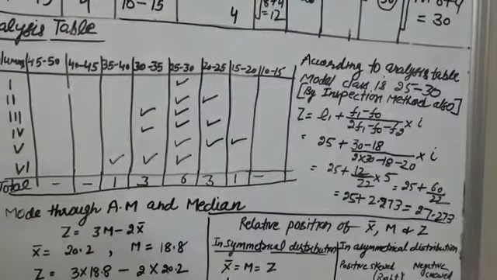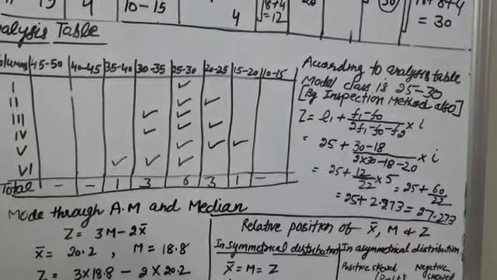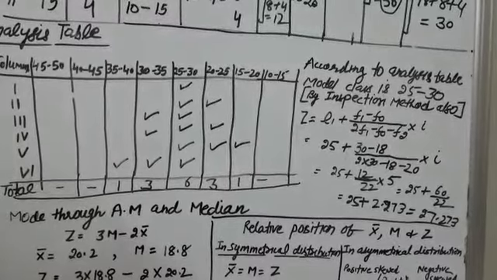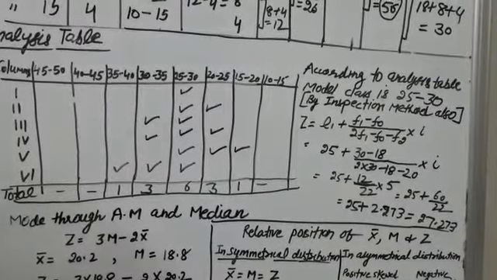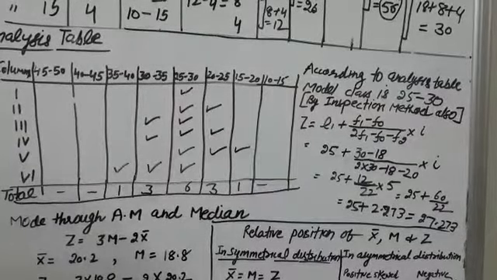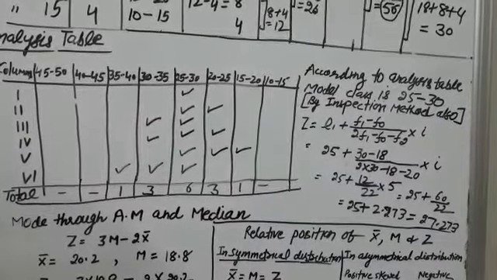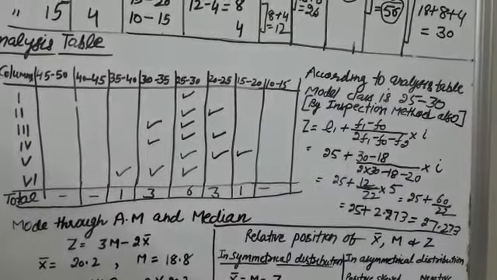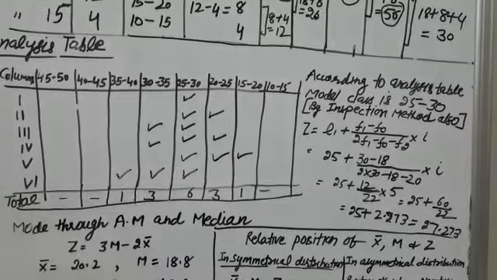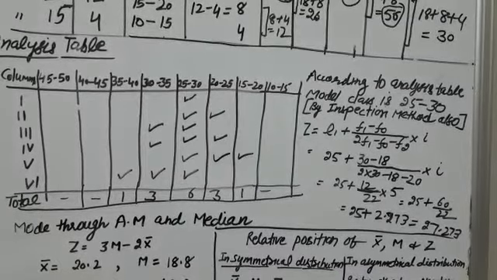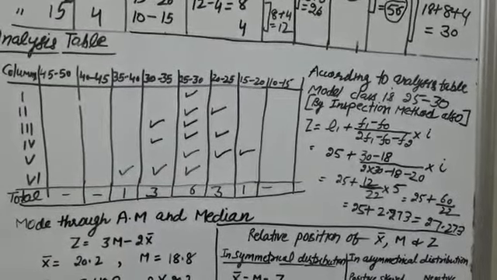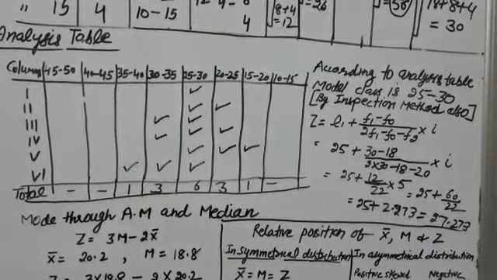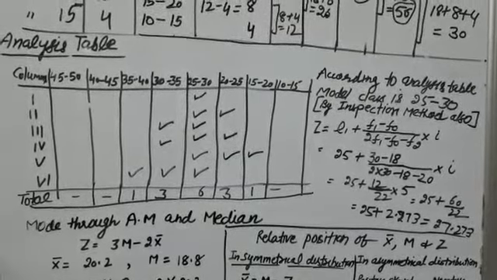So it is now 25 plus 12 upon 22 into 5, which is equal to 25 plus 60 upon 22. That is 25 plus 2.273. So the modal income is 27.273. This is how we can make use of the grouping method if there is no regularity in the frequencies.